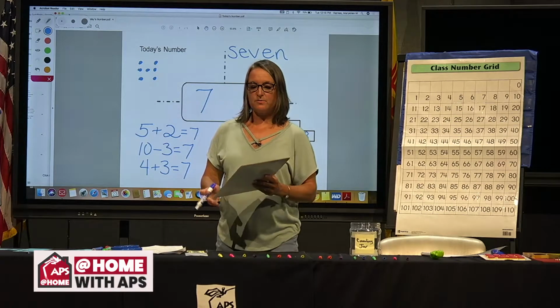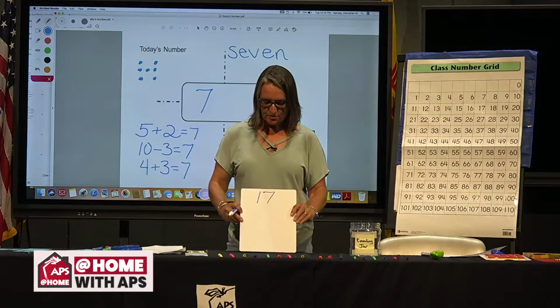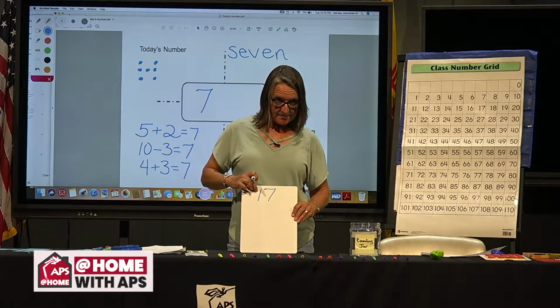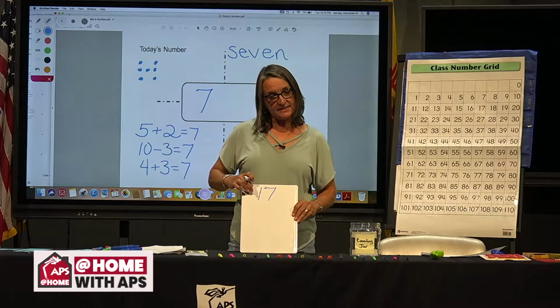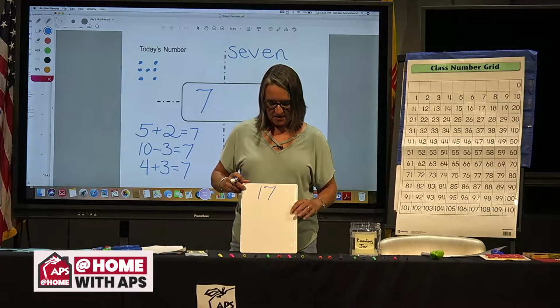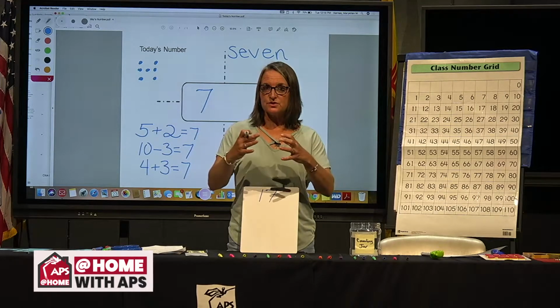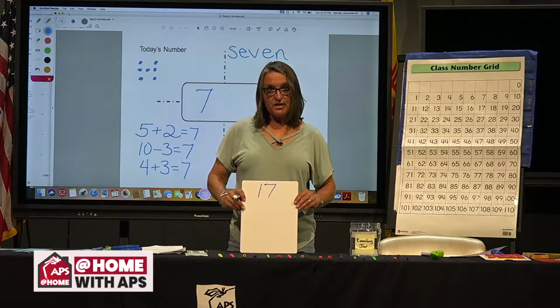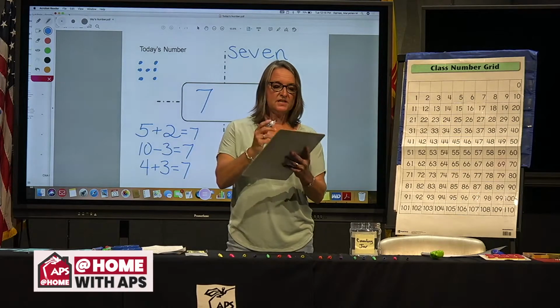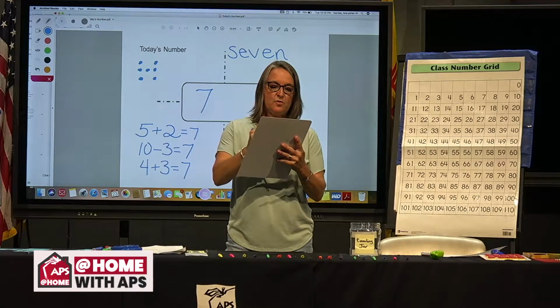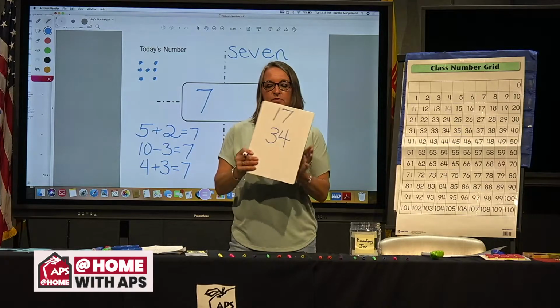If you're a first grader, we're gonna double that. Let's think about how we can do it. There's a 10 inside of 17, so 2 10s gives us 20, right? And what's 7 plus 7? 14. So then we can put those two together. 20 plus 14 gives us 34 if you're in first grade.